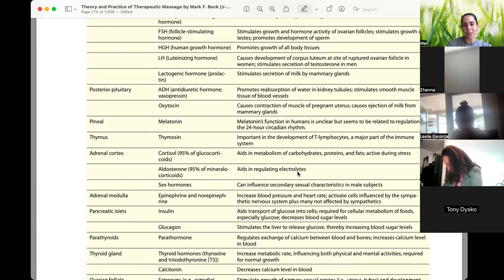Like sodium and potassium. So besides dealing with stressful situations, releasing whatever chemicals are needed to deal with the situation, it helps in metabolizing or breaking down the macronutrients, but also regulates the micronutrients, which are the minerals, potassium and sodium.